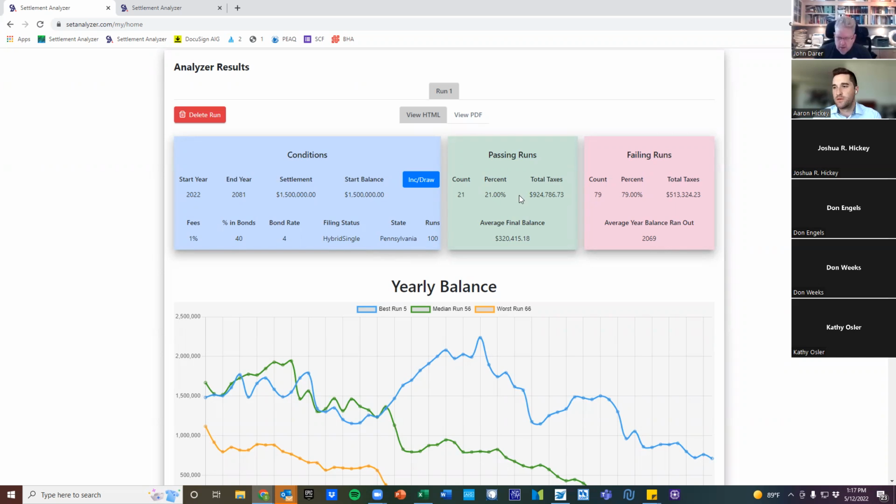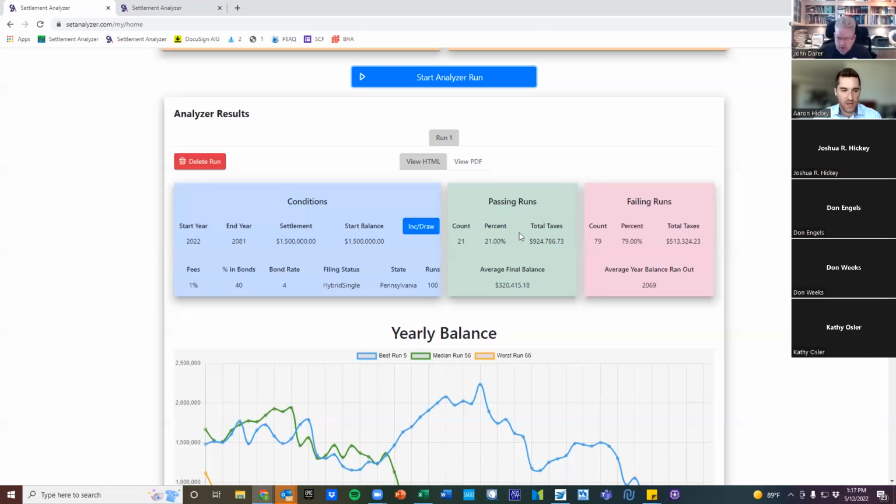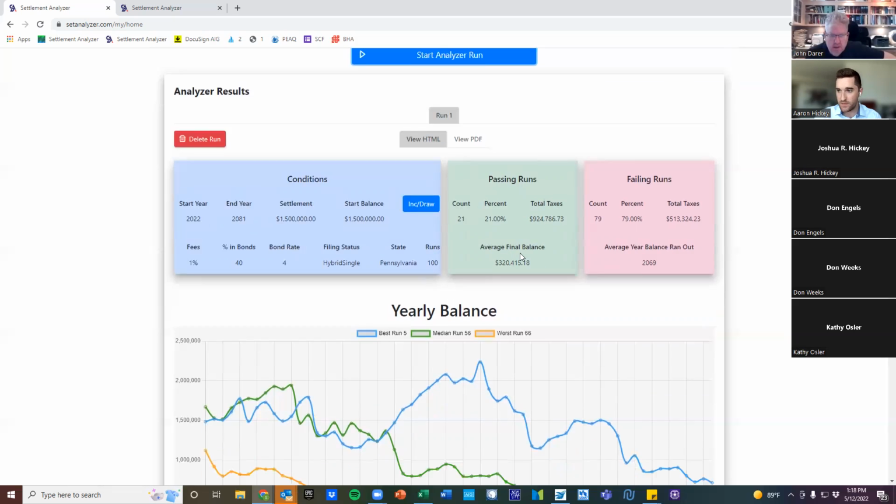The definition for passing is that that investment portfolio after the 60-year duration still had funds remaining within it. The definition for a failing run is just the opposite. Some point within that 60 years, that investment account went to pay out that $60,000 draw and was not able to do so because it had run out of money.